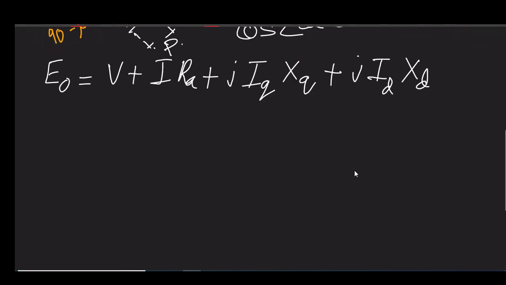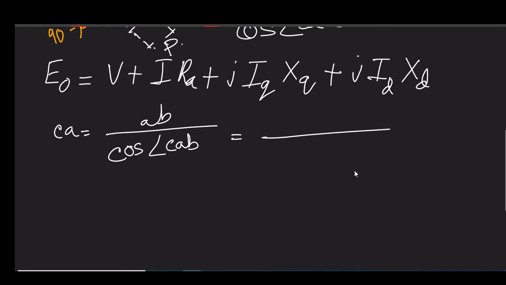Now if this is beta, then we can write that CA, which is angle CAB, is equal to, forget about j, IXq by cosine beta.